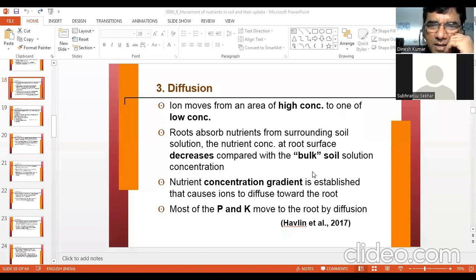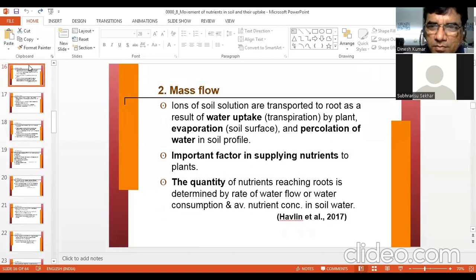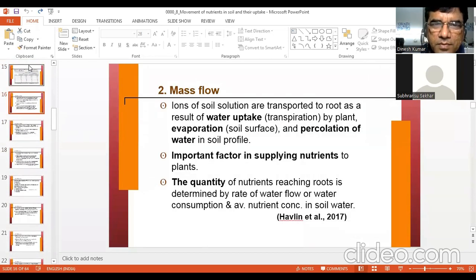Sir, in diffusion, the concentration difference is there, but in mass flow, there is no role of concentration difference, I think. Yeah, you are right. In mass flow, of course, a concentration gradient is there in that case also, as I have shown you. Let me show you some more. Ions of soil solution are transported to root as a result of water uptake, transpiration by plant, evaporation from soil, and percolation of water.